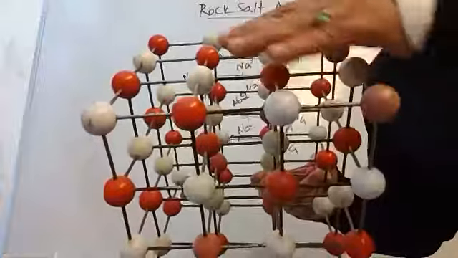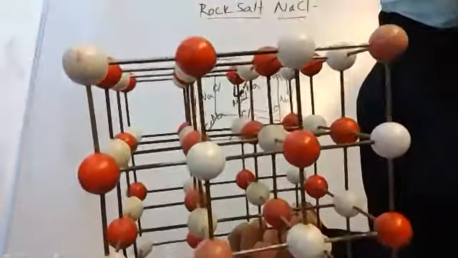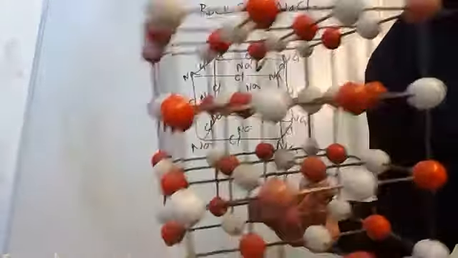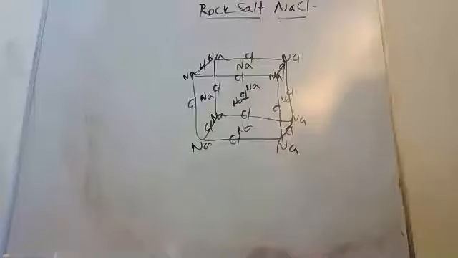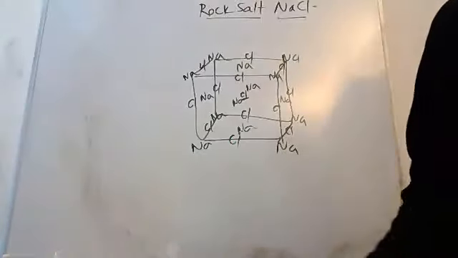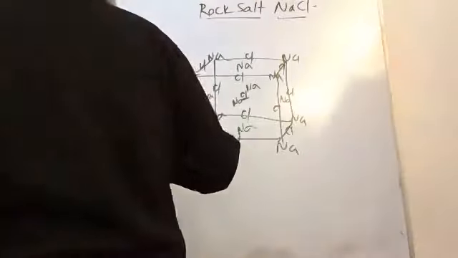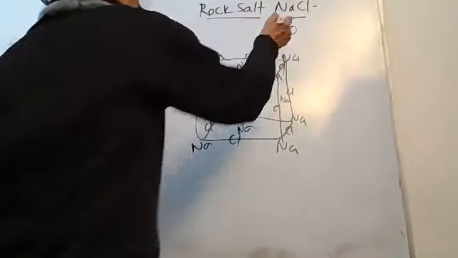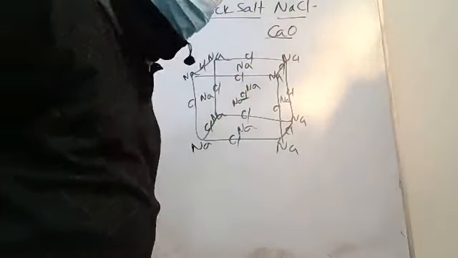So sodium and chlorine alternately are arranged to give you a three-dimensional lattice. This is the most important structure of crystallography. This is the sodium chloride structure. Although it is used for sodium chloride, there are many compounds that do crystallize with this, for example, calcium oxide, magnesium oxide.